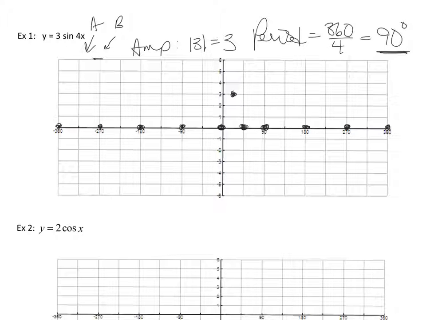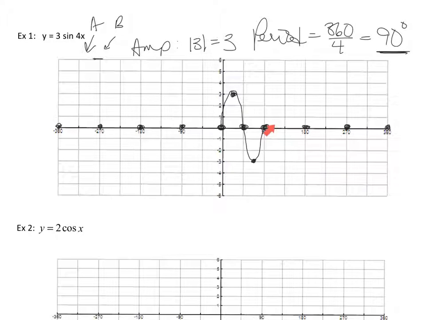My low point is -3, so I can plot that point. If I look at these points between 0 and 90, this is going to complete one full cycle. So that's what my curve looks like, and this pattern keeps repeating over and over.